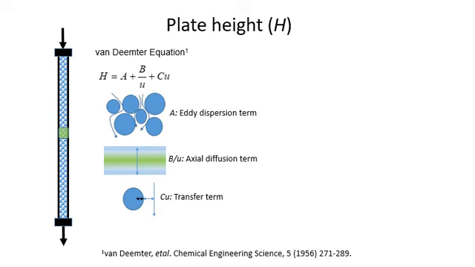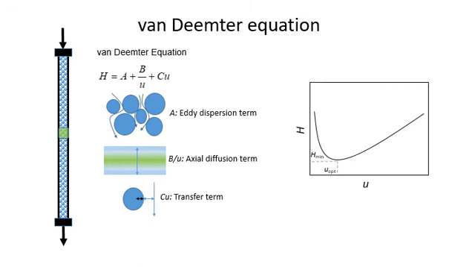The Van Deemter equation suggests that U has opposite effects on the axial diffusion term and the transfer term. This is evident when we plot H as a function of U. At lower velocities, the axial diffusion term dominates, while at higher velocities, the transfer term dominates.